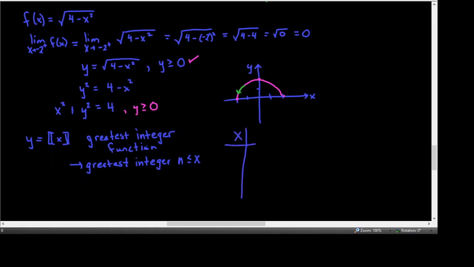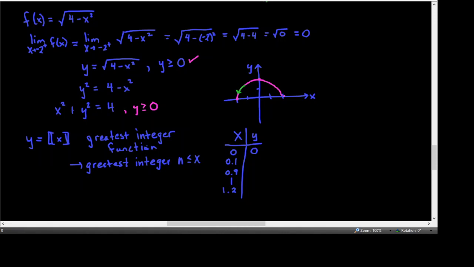So to get started on this, let's make a table of values for this, and I'm going to start with positives because they're actually easier. So if I did 0 and 0.1 and 0.9 and 1 and 1.2, I'm just making up some numbers. We're looking at each x and saying, what's the greatest integer that's less than or equal to 0? Well, that's 0.